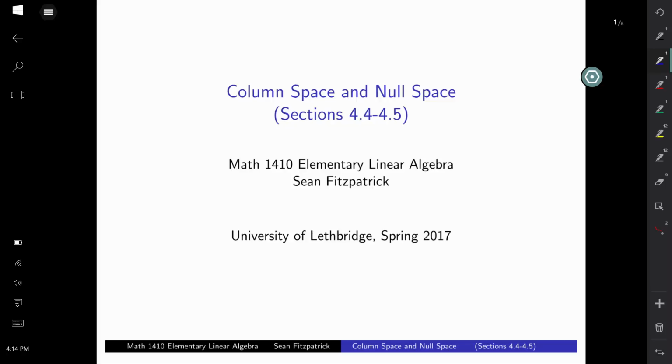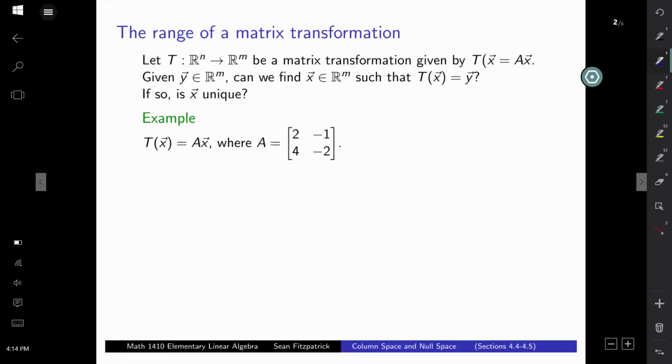It's also going to give us a good segue into talking about systems of linear equations, which is coming up in the next section. Okay, so we mentioned before that, because we're thinking of our matrix transformations as functions, one of the things you can talk about is the range of a function.